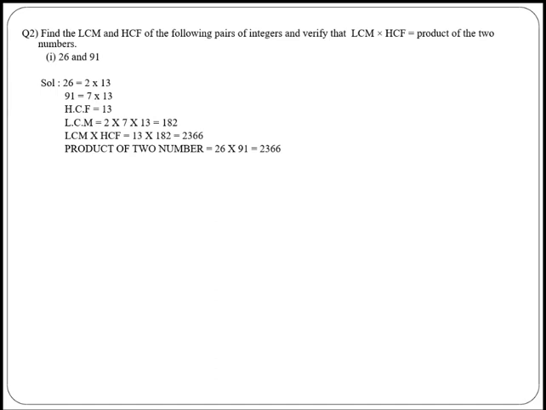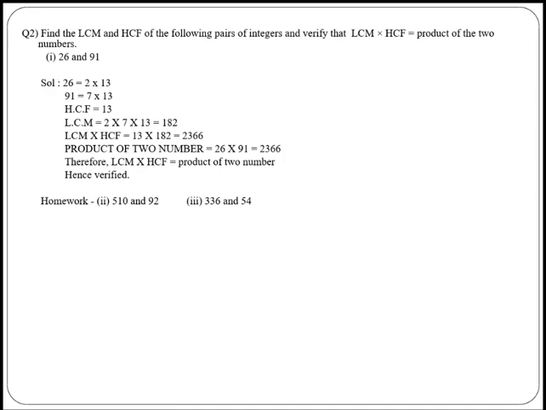When we multiply 26 into 91, we will get 2366. So here we are getting LCM into HCF is equal to the product of the two numbers. Hence our formula is verified. Now you understand how to verify the formula LCM into HCF is equal to the product of two numbers.